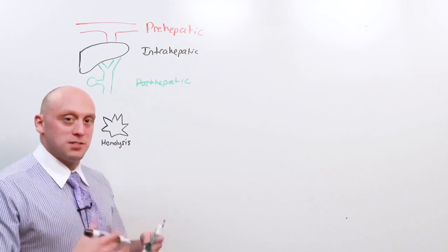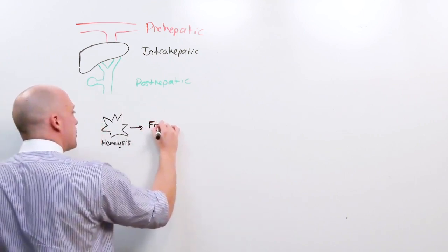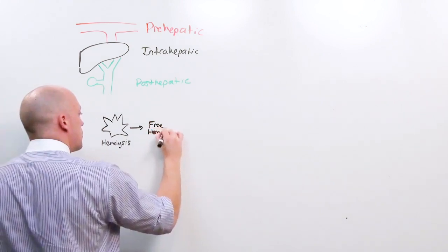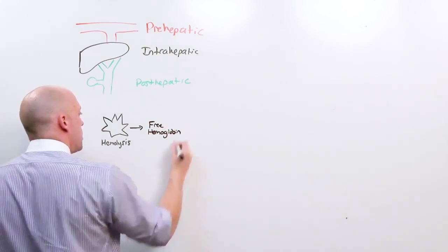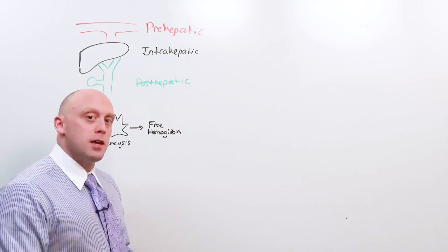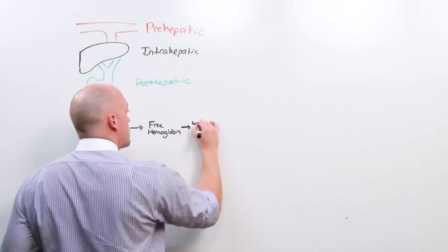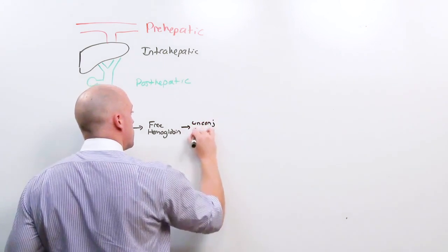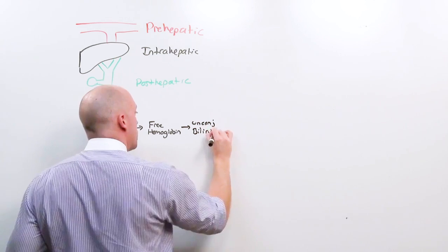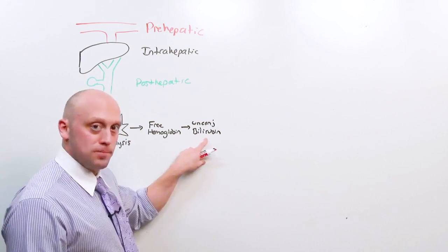When red blood cells die, they release free hemoglobin. And free hemoglobin can't be floating around in the blood, so haptoglobin grabs onto it and forms unconjugated bilirubin. Unconjugated bilirubin is the means in which bilirubin is transported to the liver.